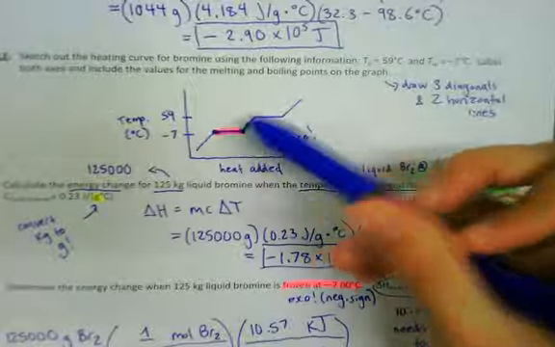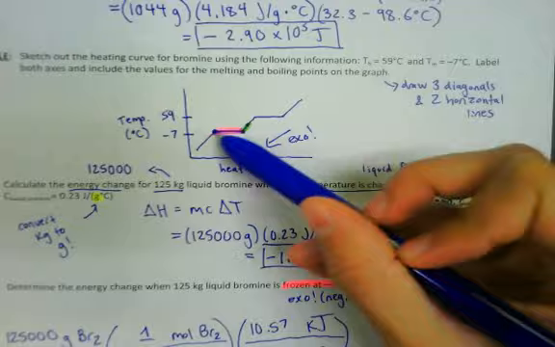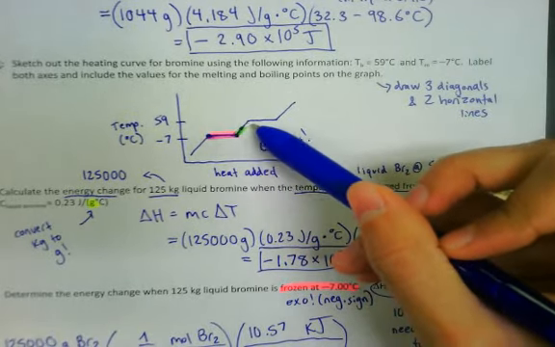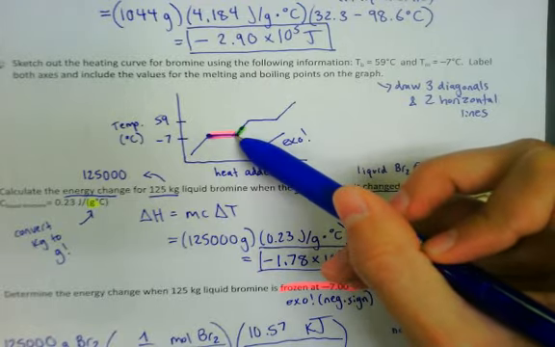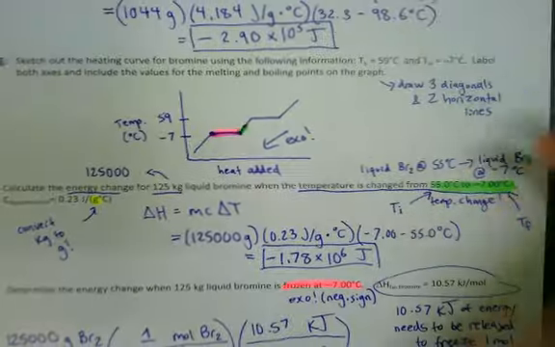So we have to add these two pieces together, because that is the total amount of energy that needs to be released to first cool that bromine to negative 7 and then to freeze it at negative 7 degrees Celsius. So we're going to use our steps from B and C.